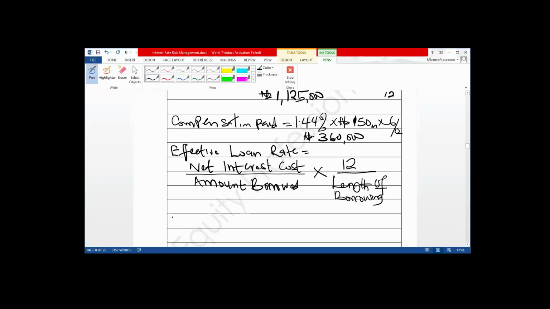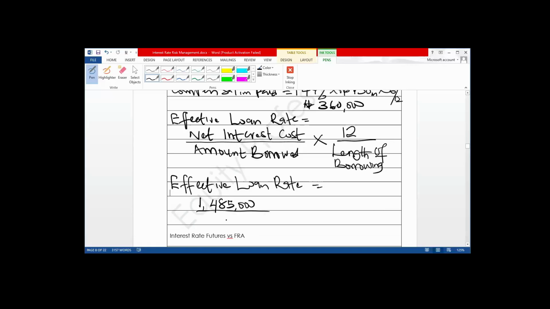So if I want to get effective loan rate, my net interest cost is 1,485,000. Amounts borrowed, 50 million. Multiplied by 12. Length of borrowing, 6 months. Please work this out.